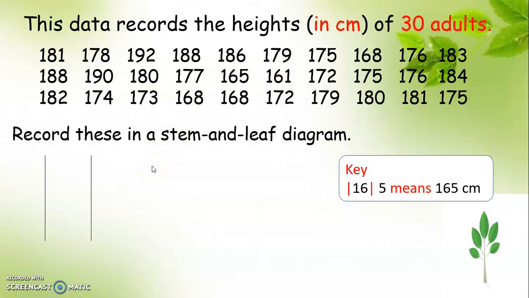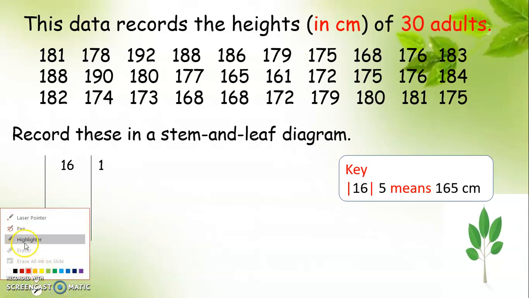I will put the 16 inside these two lines. Now we need to look at every number that starts with 16, or 1 and 6. So we will start with the lowest. Outside, what we need to write is the next number only, so that is 1.